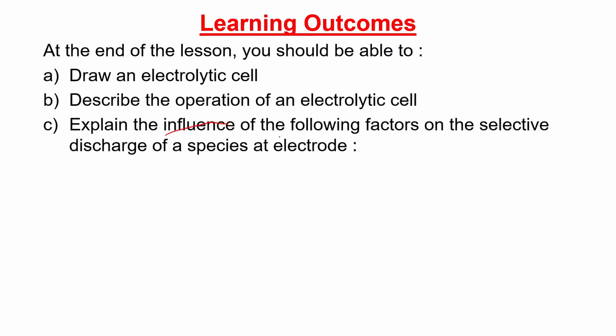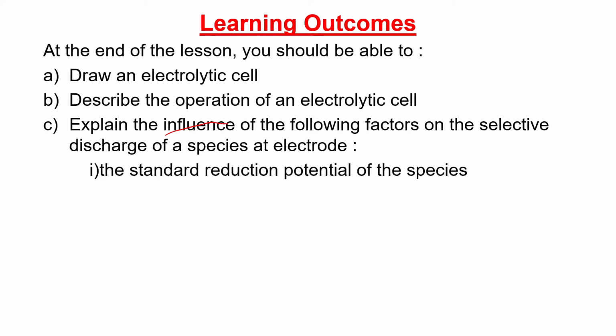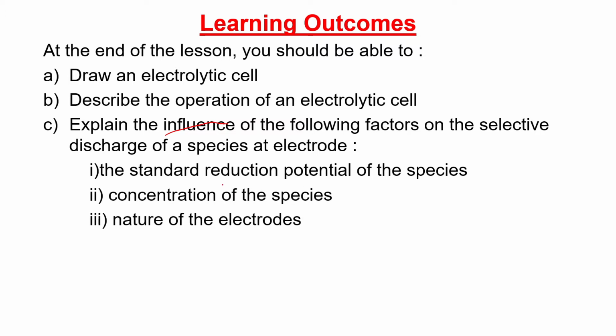So we have several factors on the selectivity of discharge at anode and cathode. The factor is the standard reduction potential of the species, meaning from the SRP table we have E0 reduction for species, which is positive and negative. Which one will be chosen at anode and cathode?